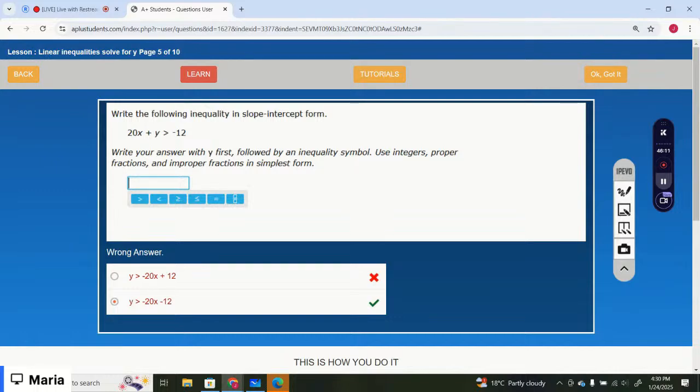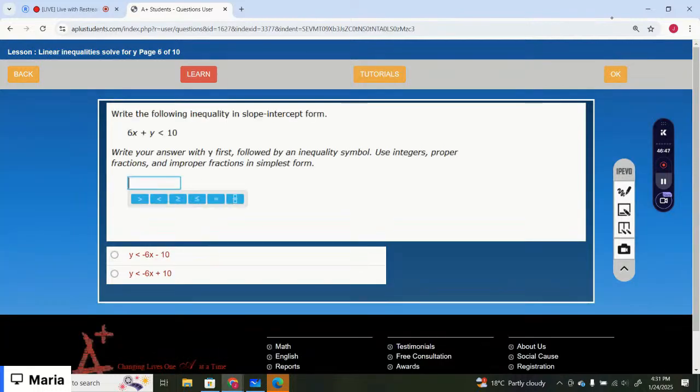Okay, got it. The next one is 6x plus y is less than 10.